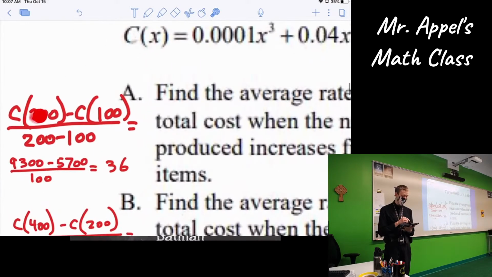So you're looking at the cost of 200 minus the cost of 100, divided by 200 minus 100, right? The change in the y, or in this case function C, over the change in the x's. And all you've got to do is plug this number into there, and you get 9,300. Plug this number into there, you get 5,700. Subtract, divide by 100. Your answer should be 36.